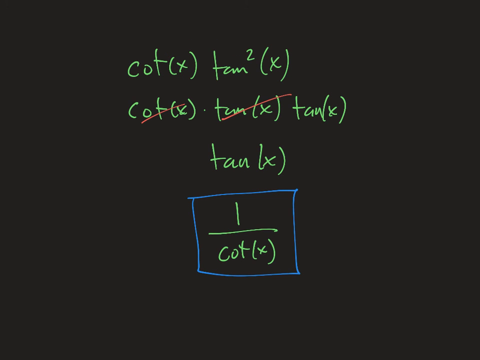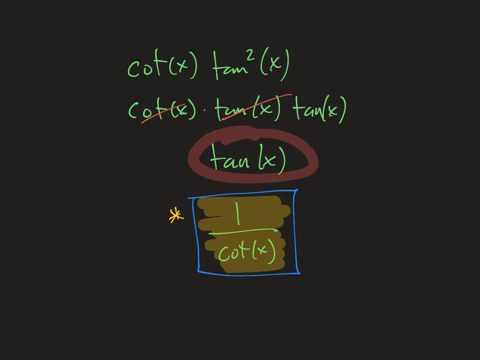So that original expression that we started with can be rewritten as 1 over cotangent of x. I actually like saying tangent of x better, but we weren't asked to do that. We were asked to write it in terms of cotangent of x. And so this is the expected answer.